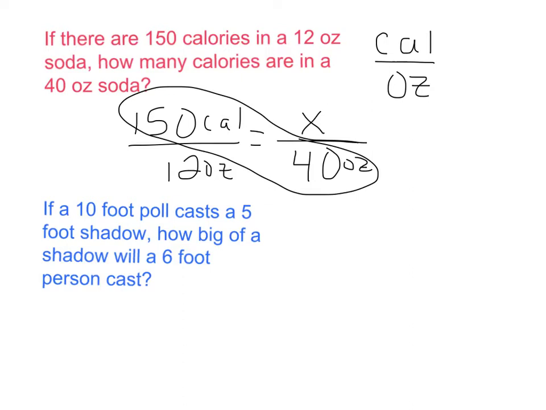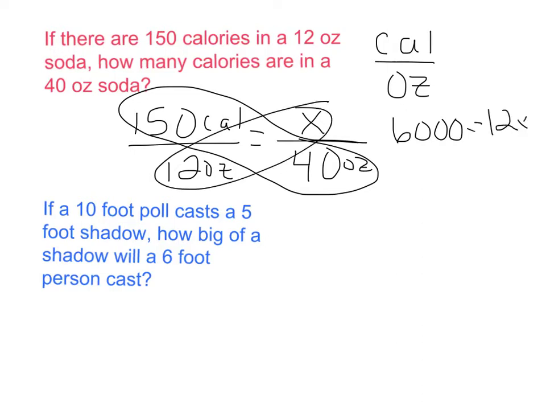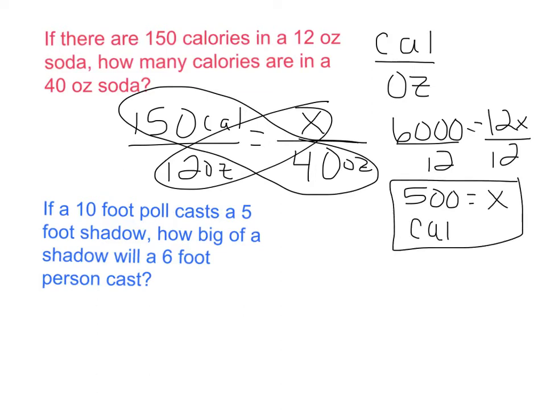So we have 40 times 150 gives you 6,000 equals 12x. Divide by 12. So 6,000 divided by 12 gives you 500 equal to x. So there would be 500 calories in a 40-ounce soda. That is the same soda that has 150 calories for 12 ounces.